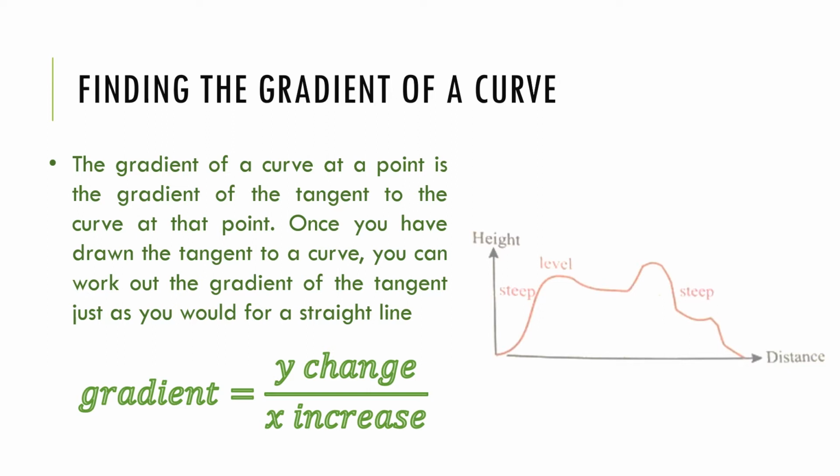So we just need to choose which gradient we are taking into account for our study, and we will try to find it out. In this case, the gradient is equal to the y change as x increases. As I told you, we move 1 unit in x and we check the change that y had.